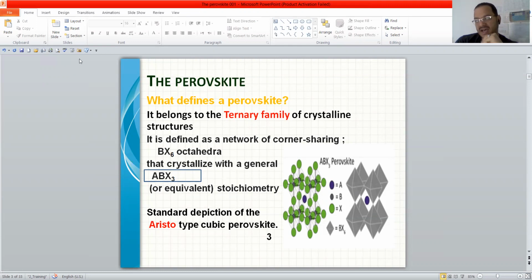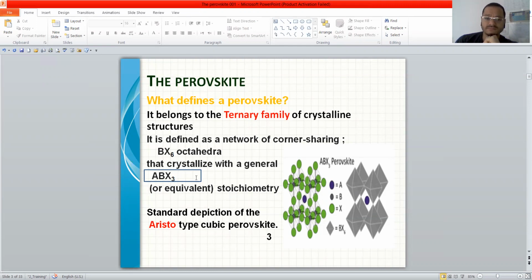Octahedra means it has 8 faces, that crystallize with the general formula ABX3. Let's give some attention here. In another source, it is written ABO3. I will explain all of these elements, what that means.